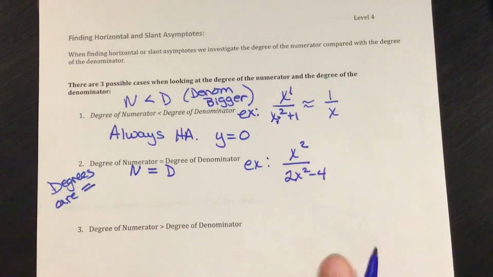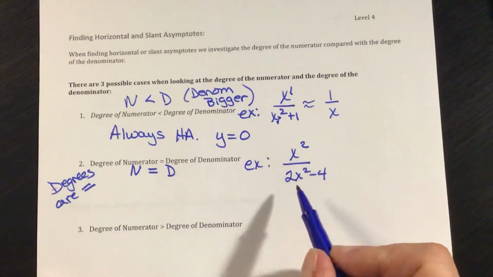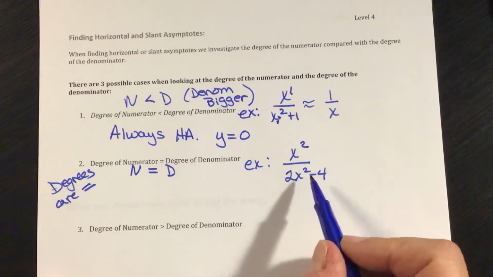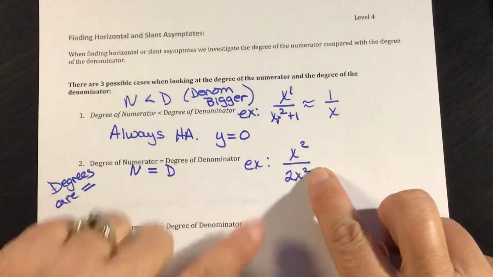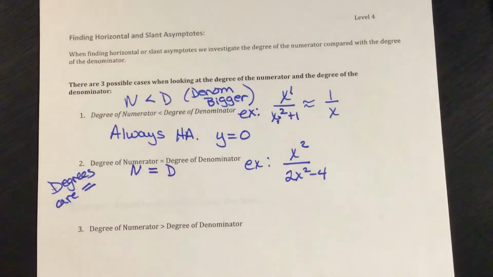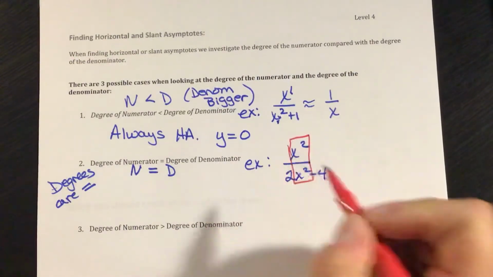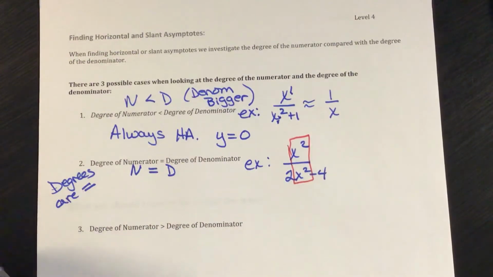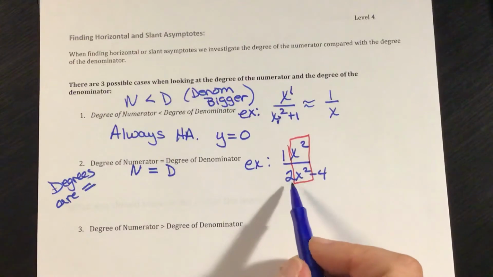As my x values get bigger and bigger, it would be approaching x squared over 2x squared, where these x squared just cancel out. So my coefficients of the top would be 1 and of the bottom would be 2.